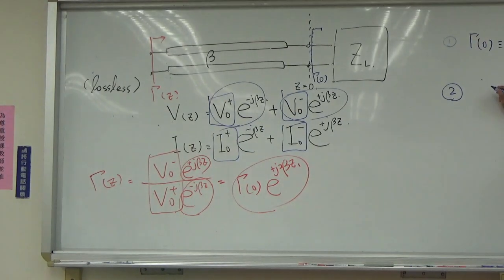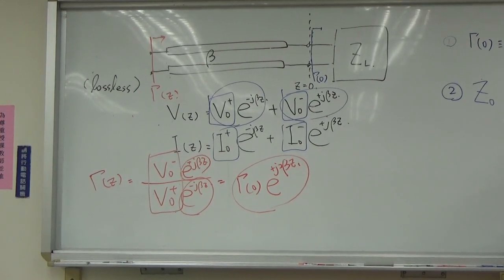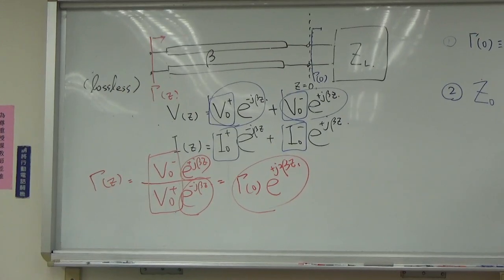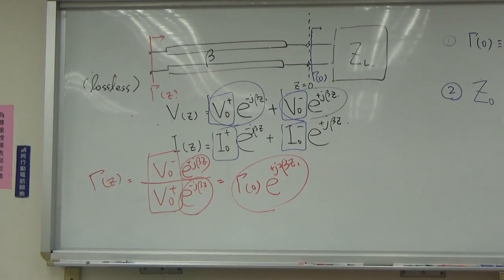We define the characteristic impedance Z0. It is the ratio of the magnitude of the positive voltage over the magnitude of the positive current, and also equals minus V0 minus over I0 minus. Okay.